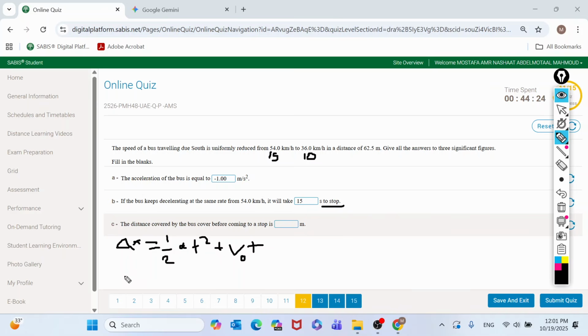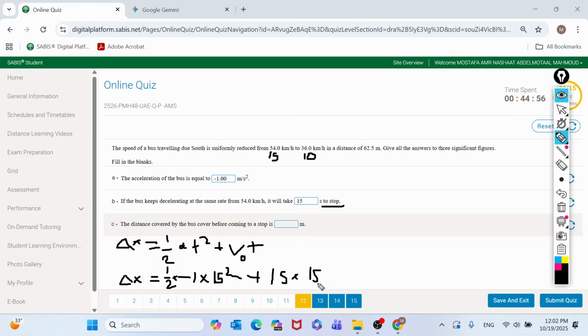Okay, so delta x equals 1 over 2 times negative 1 times 15 squared plus V0, so 15 times 15. Put it on your calculator.